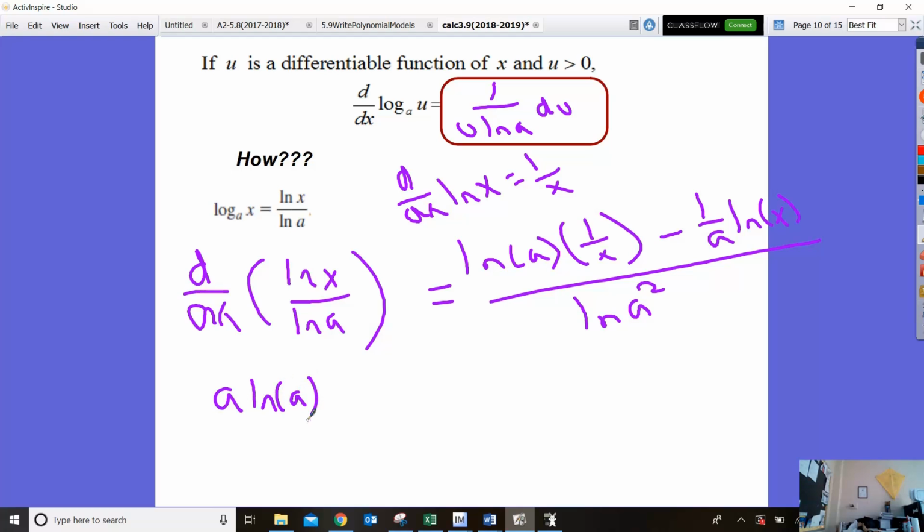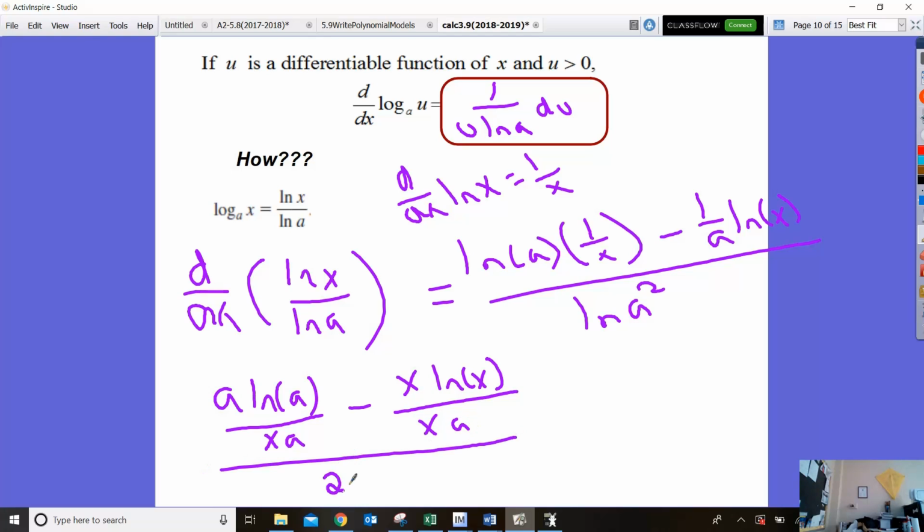The 1 over x is going to cancel itself out. Or sorry, it's still there, sitting over xa, minus, this one gets the x natural log of x, sitting over xa. It's all actually sitting over 2 natural logs of a, because I can take that 2 and move it up front.